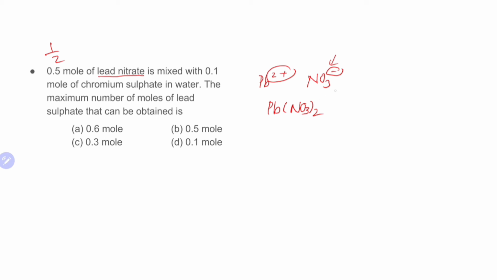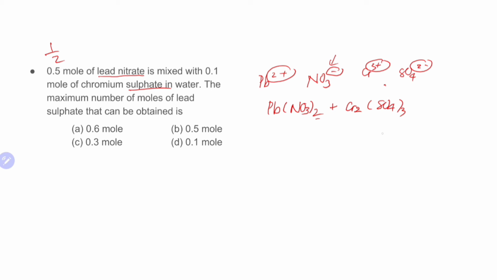So to be neutral, the nitrate should be 2. Then mix with chromium sulfate, Cr3+ and SO4 2−. Then the formula becomes Cr2(SO4)3, so we switch the charges to be neutral.